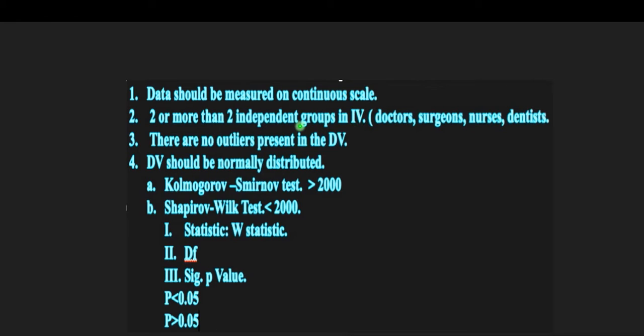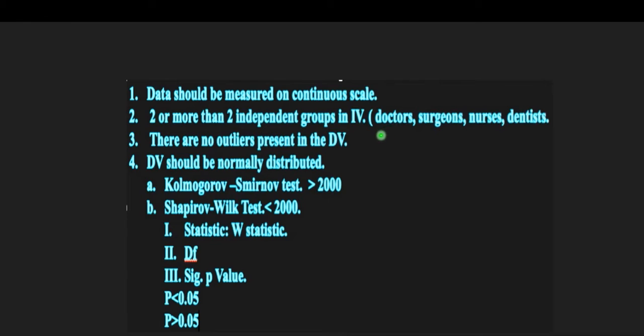Because if we talk about only two independent groups in the independent variable, this one-way ANOVA test tends more towards a t-test. So it is better to take more than two groups in the independent variable.